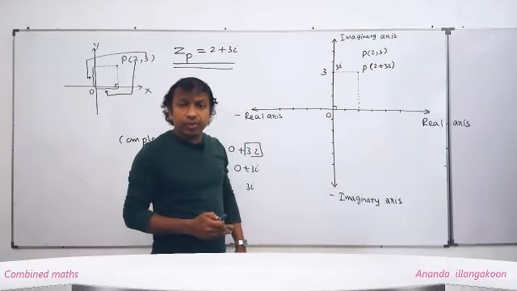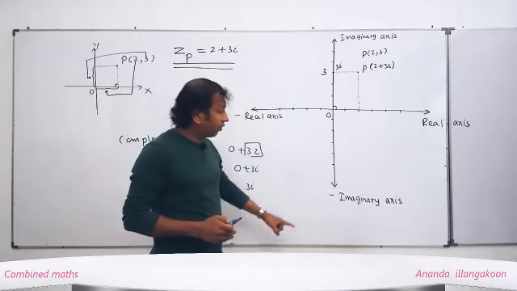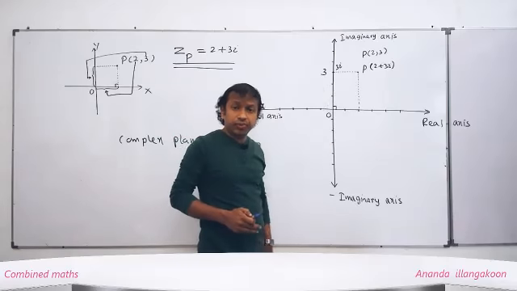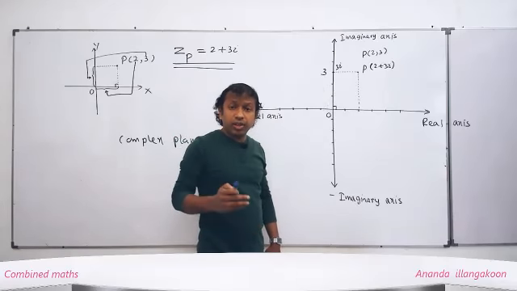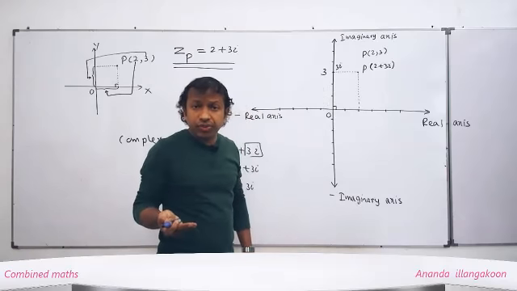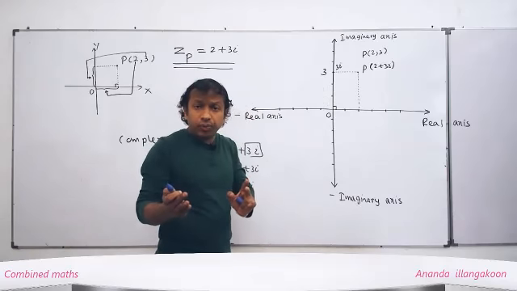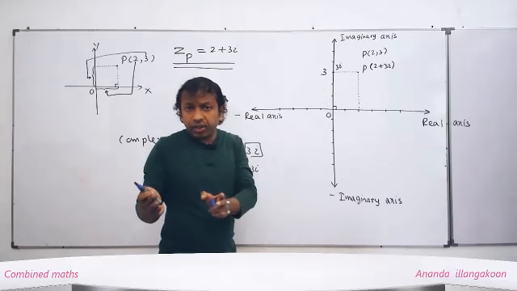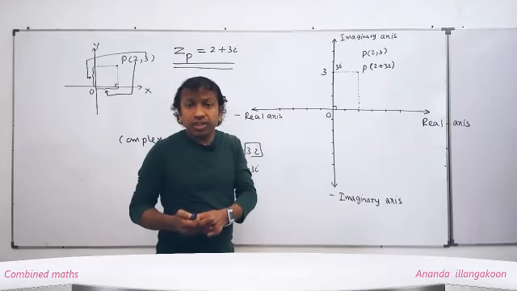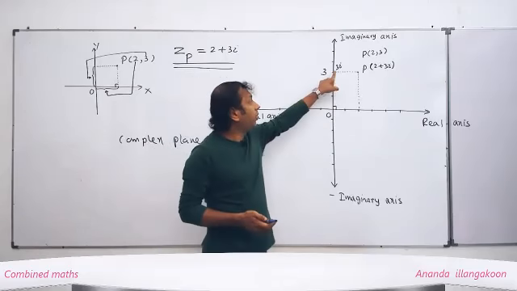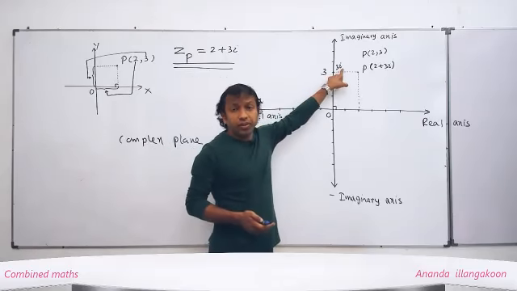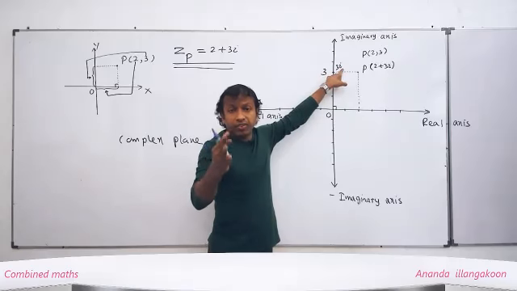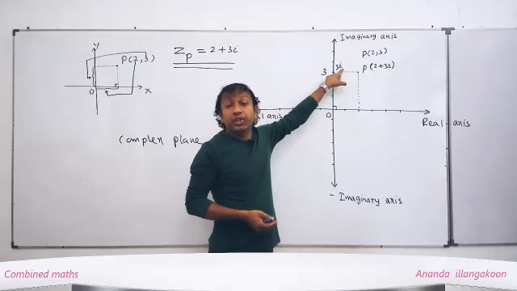Then you can very clearly see the reason why this axis is called the imaginary axis. Why? When we consider any point on this imaginary axis, the real part is 0. It has only the imaginary part. Taking that imaginary part, when you write the complex number, it will be of the form a real number times i. The product of a real number and i, we know, is an imaginary number.